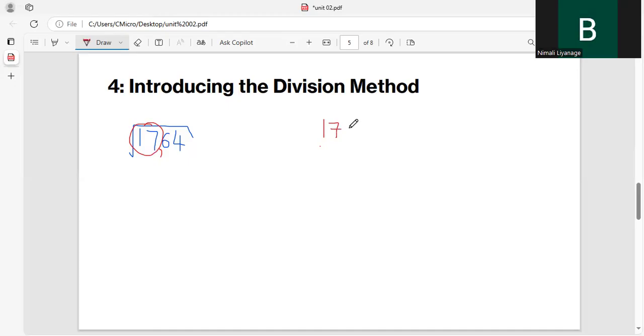What is the number less than 17? It is 16, no? Less than or equal, not more than. 16 is less than 17, not equal. So what is the square root of 16? It's 4, no?